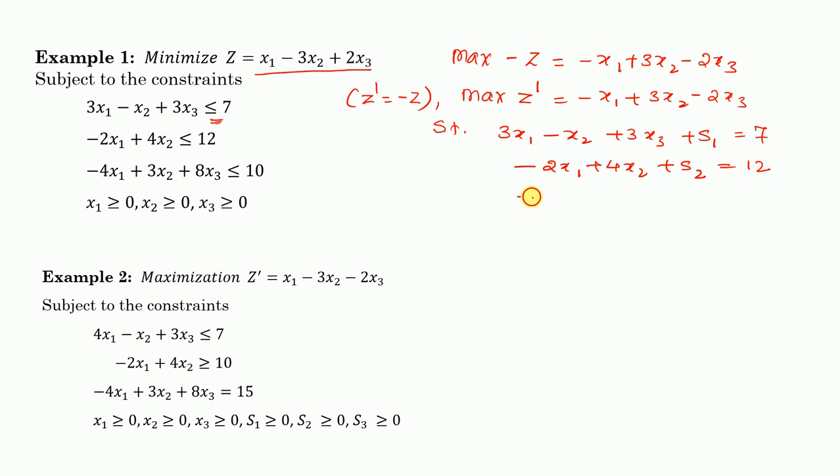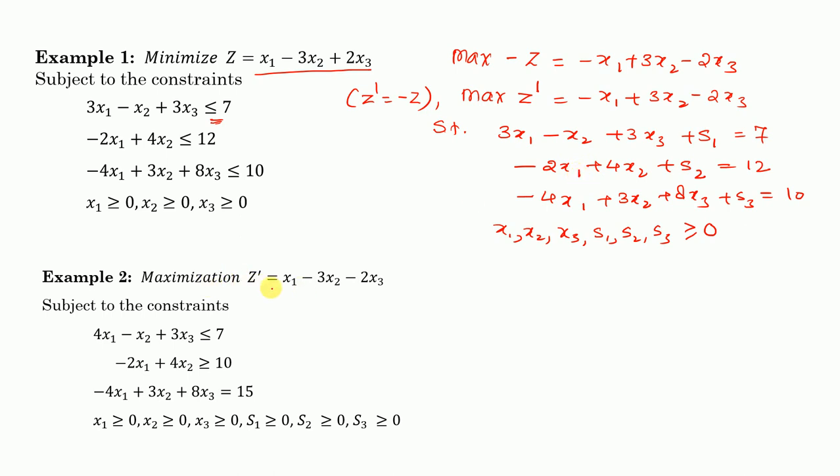And similarly for third one 4x1 plus 3x2 plus 8x3 plus s3, this equal to 10. Now you have 6 variables, so you can write x1, x2, x3, s1, s2, s3 greater than equal to 0. So this problem is now in the standard form.